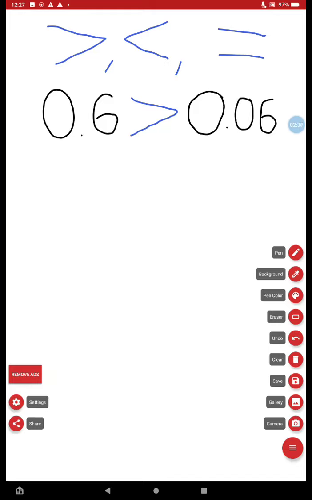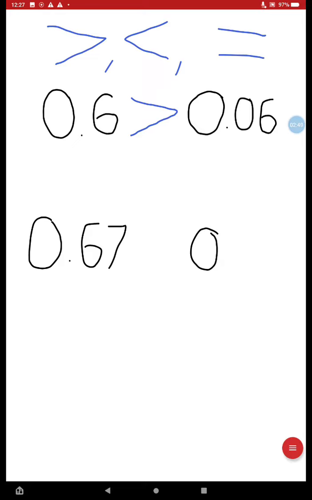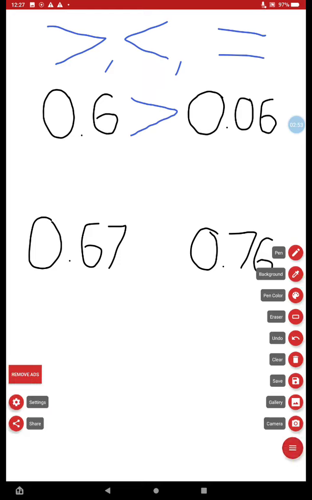Let's do that one more time. This one's kind of hard. What if I have 0 and 67/100 compared to 0 and 76/100? Which one should the alligator open up to eat?